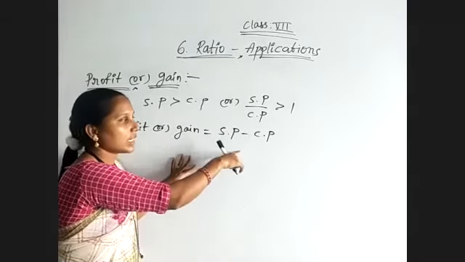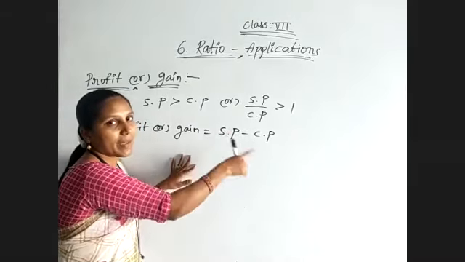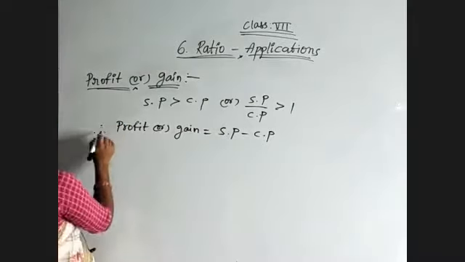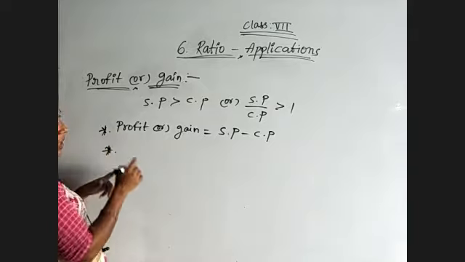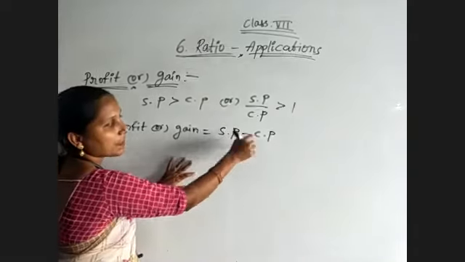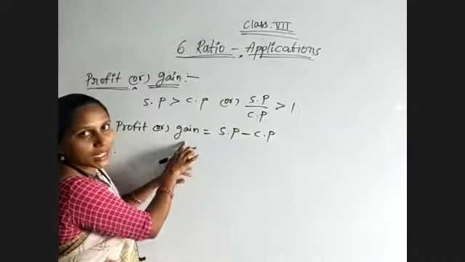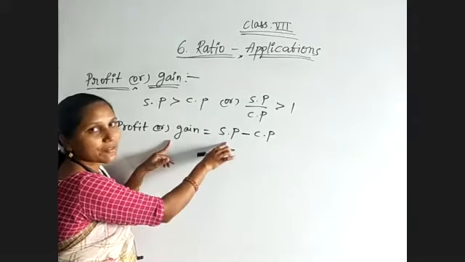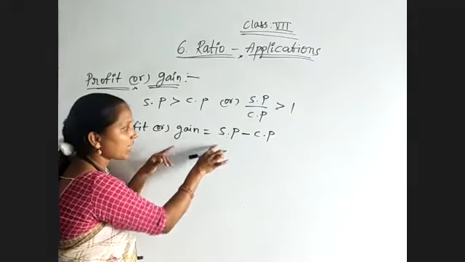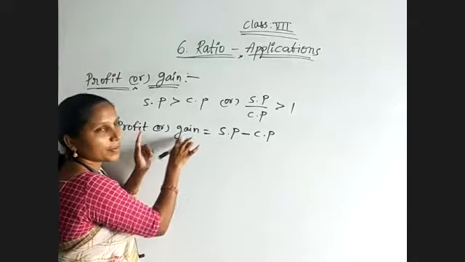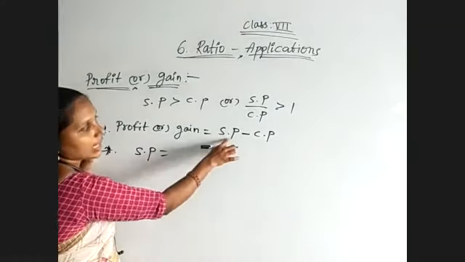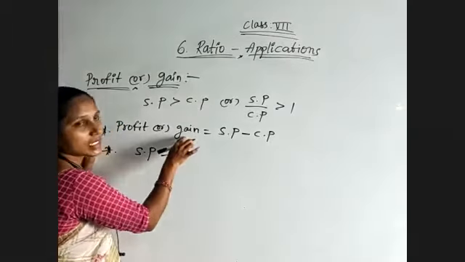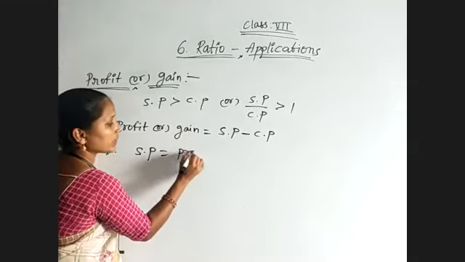What we will get? CP is equal to SP minus gain. By using this same formula, we have two more formulas for SP and CP also. Here profit we wrote in terms of SP and CP. Now SP I'll write in terms of CP and gain. SP will be equal to profit plus CP.